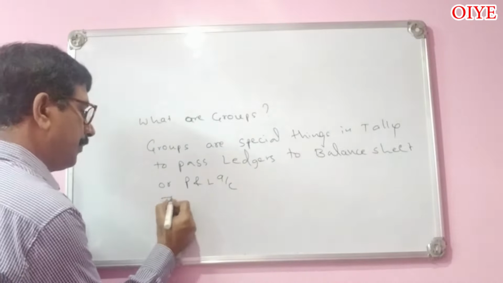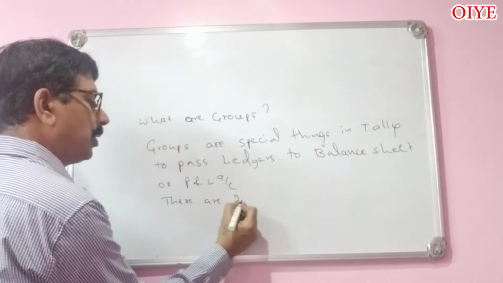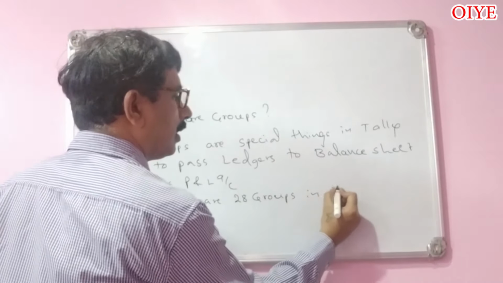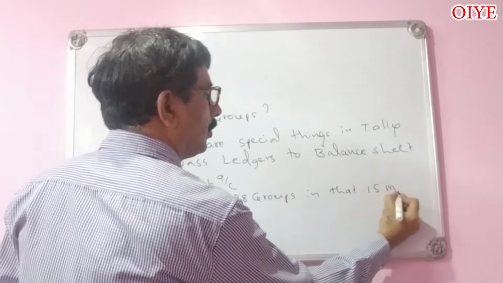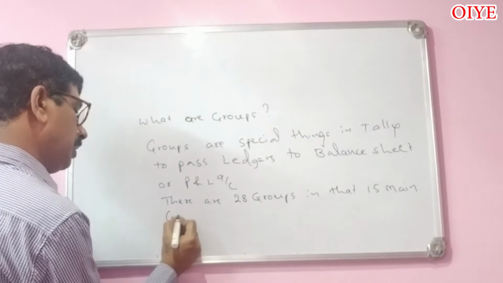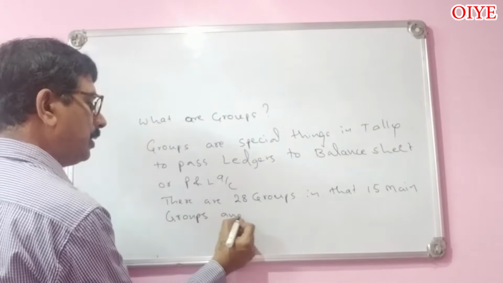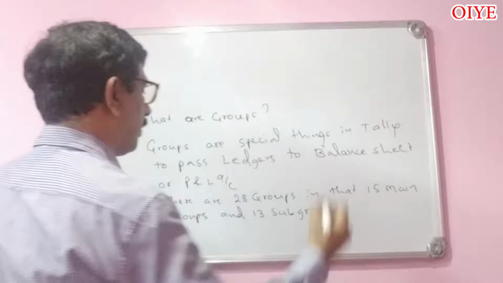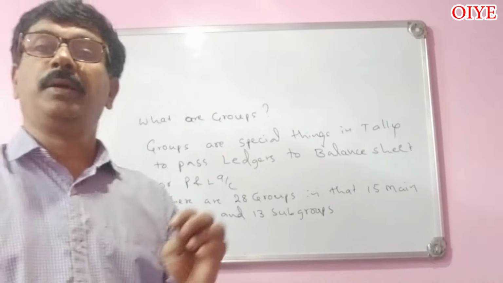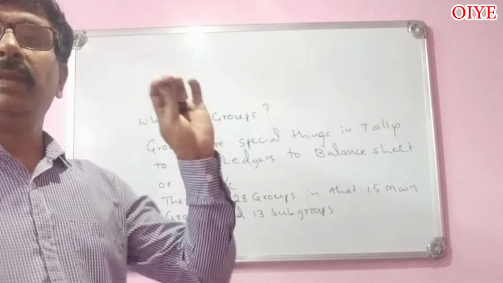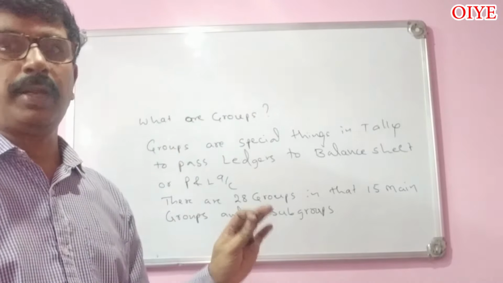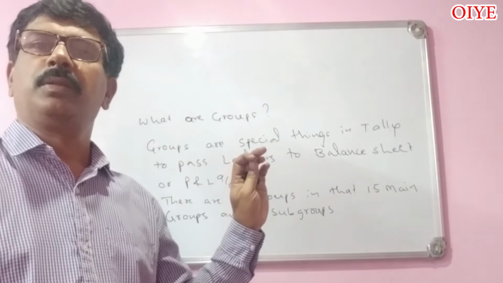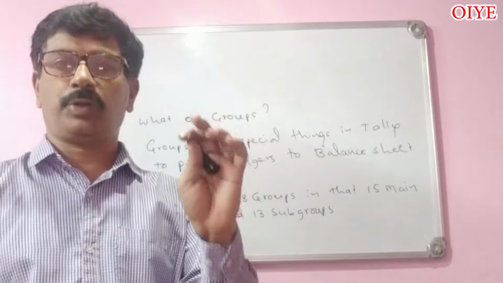There are 28 groups, in that 15 main groups and 13 subgroups. In this way you have to write answers. So write neat and clear answers. Write neatly and clearly, point to point. Okay? Thank you. All the best for your exams.